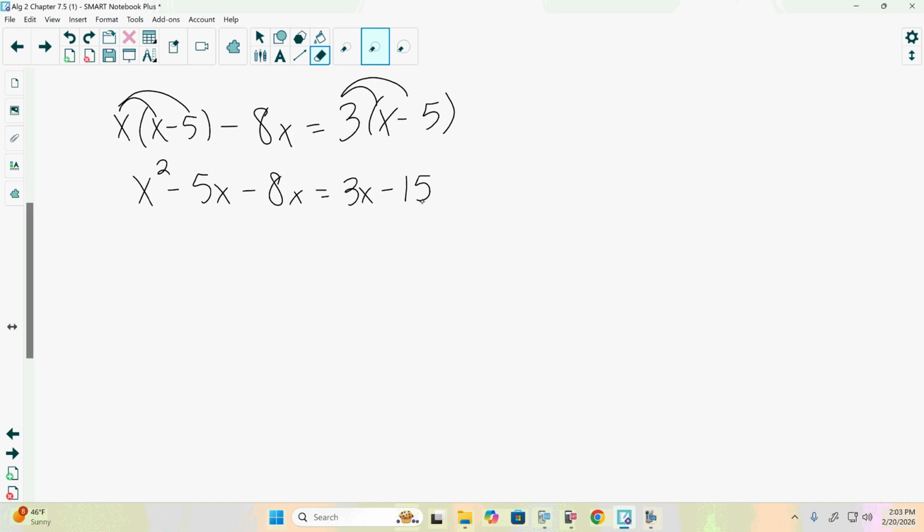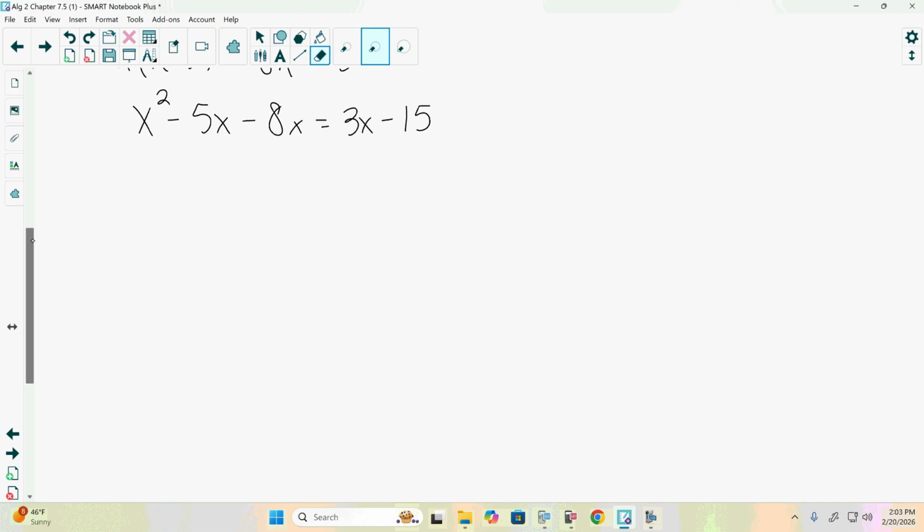Now we need to get it equal to 0 because we do have an x squared term. But before we do that, we do have like terms on the same side of the equal sign. So negative 5 minus 8.